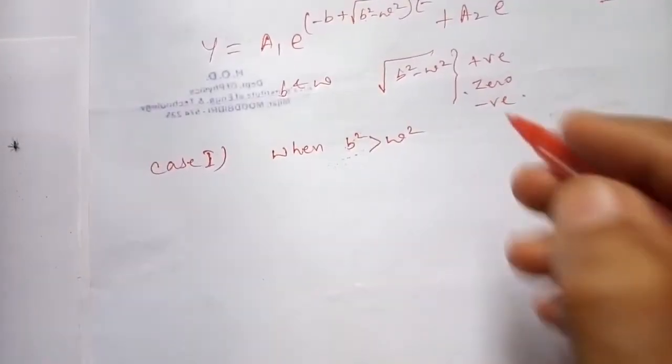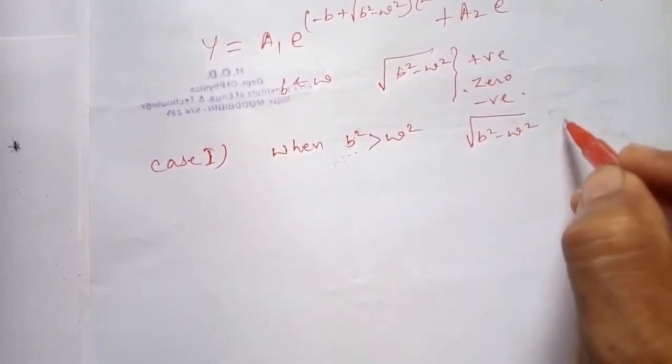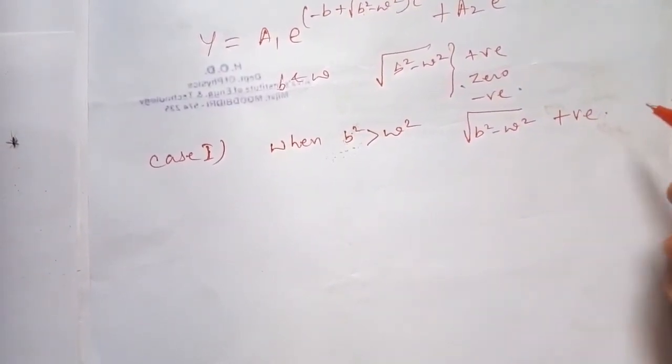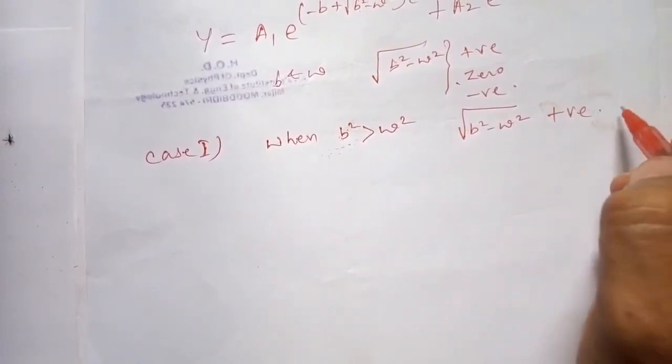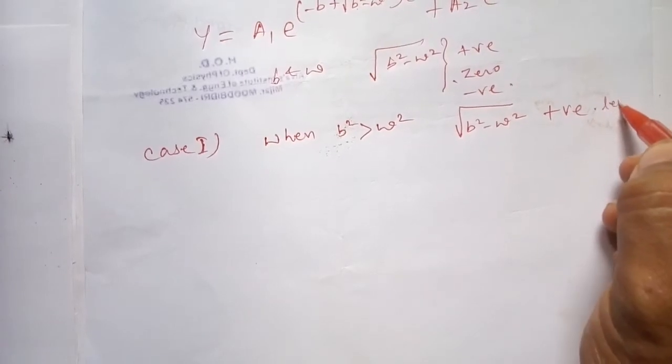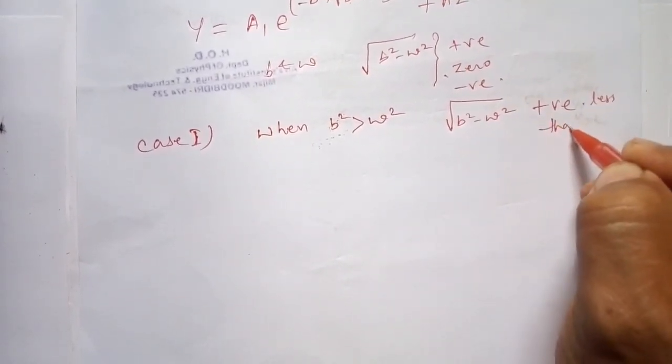In this case, √(b² − ω²) is a positive quantity, and it is also less than b.